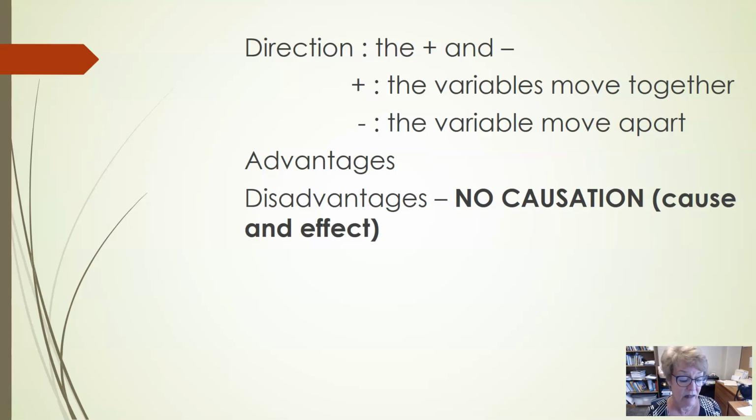So can we say violent video games are causing children to behave aggressively? No, we can't. Maybe aggressive children are drawn towards aggressive video games, so those are the ones they choose rather than the non-aggressive video games. Maybe there's some third factor that's causing the whole thing. Maybe it is related to a violent home environment, and that is what is creating the relationship between the two. Or a variety of other things.